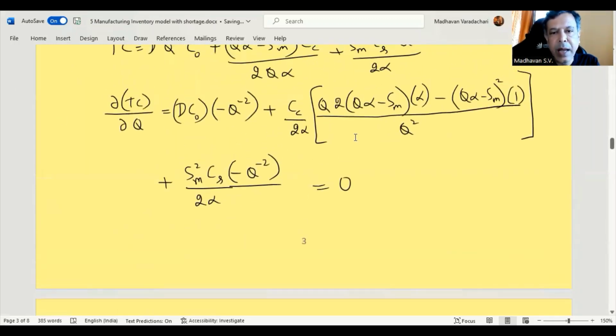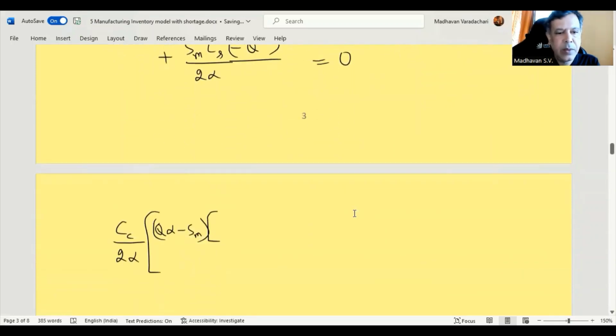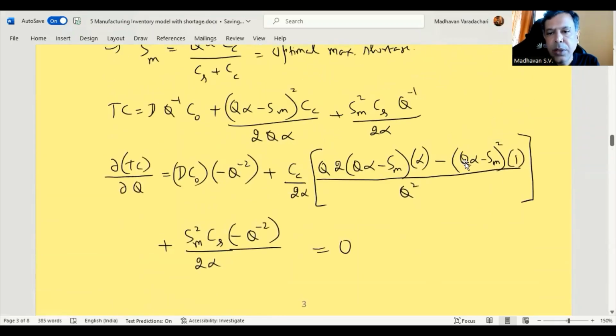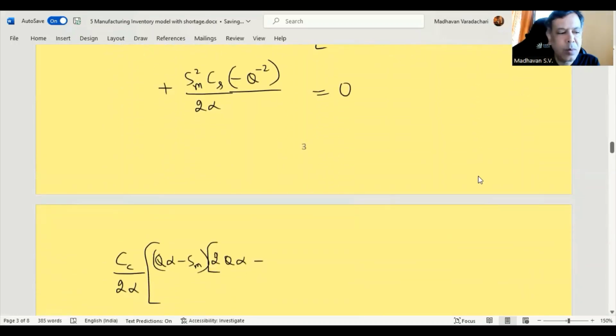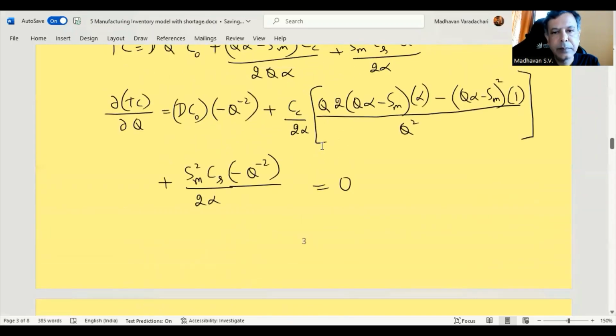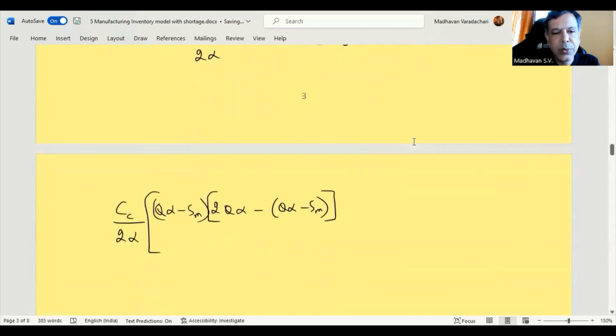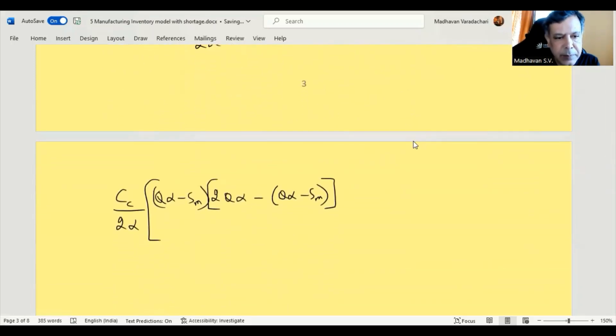So here we will have 2Q alpha inside the brackets minus, we took (Q alpha minus Sm) one outside, so you will have (Q alpha minus Sm) one more inside. Then we have this Q square in the denominator.